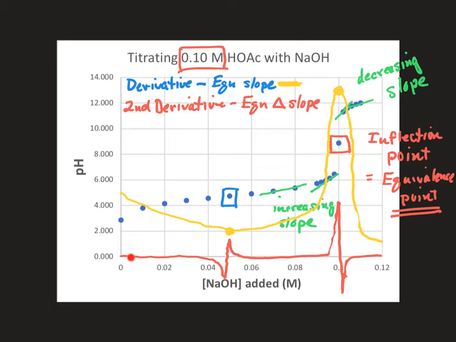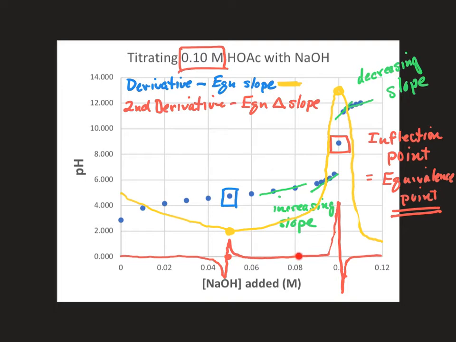Our slope is getting smaller, and so our curve is going down a little bit, but at the inflection point, suddenly the change in direction of the slope is positive. So we go from negative to suddenly a positive change in slope, with the point right here representing the inflection point. And where that point crosses the axis, that can be accurately measured. Then our slope starts getting more positive.